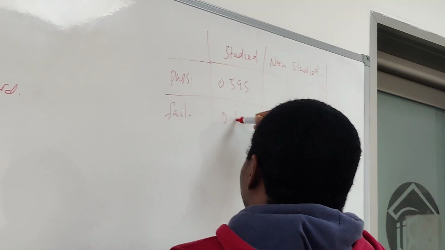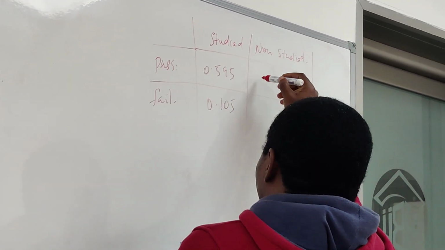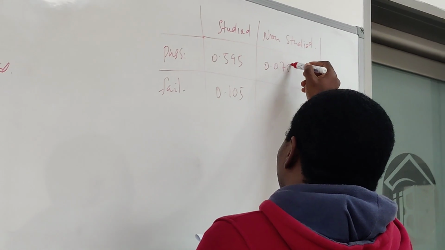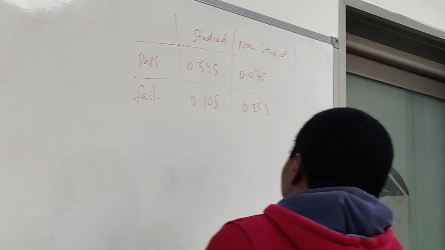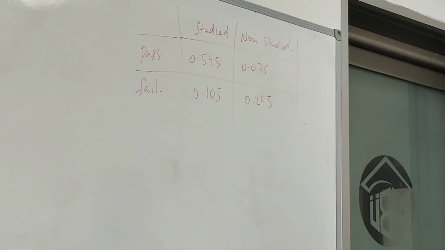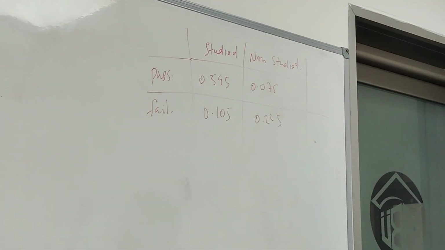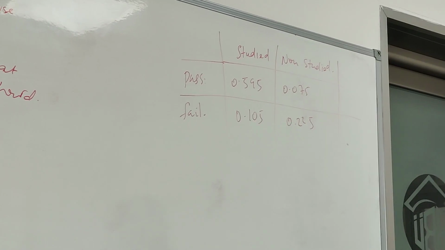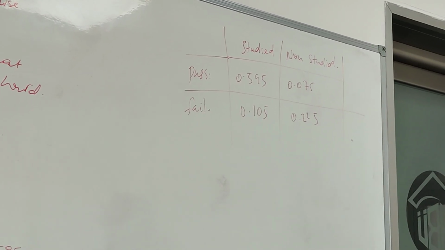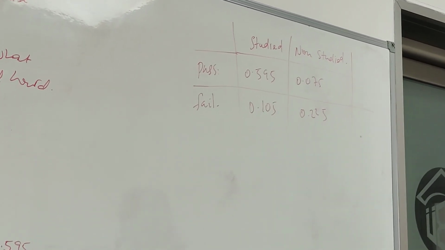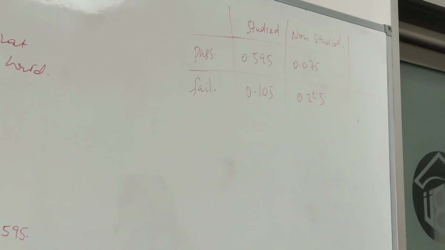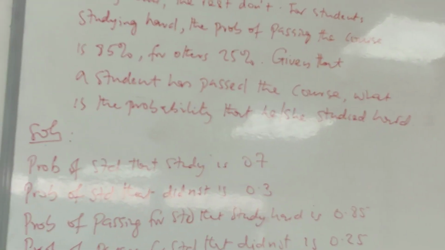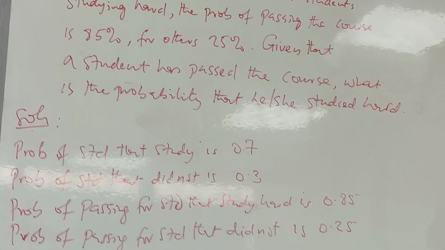Here we have 0.105. Here we have 0.075. Here we have 0.225. Okay? Now this is our table. Now, the probability for studying and passing, which is the question: given that a student had passed the course, what is the probability that he or she studied hard? So, probability of studying hard, given that the student passed.